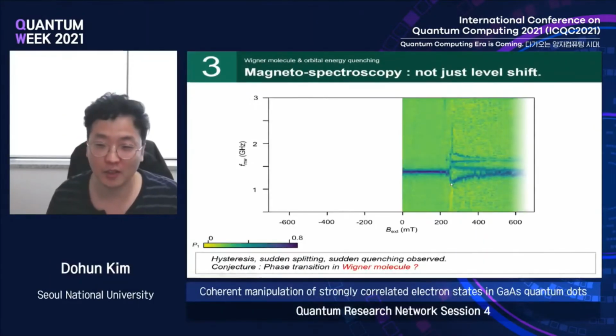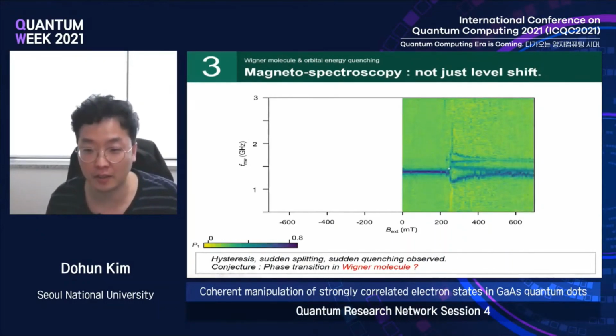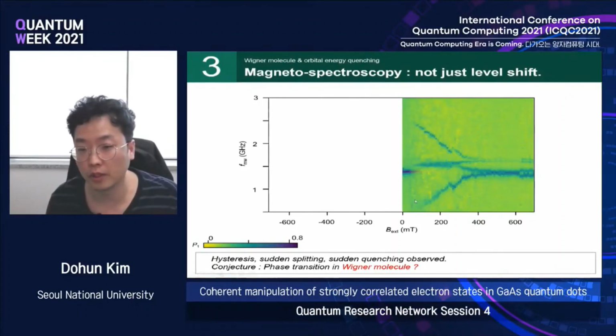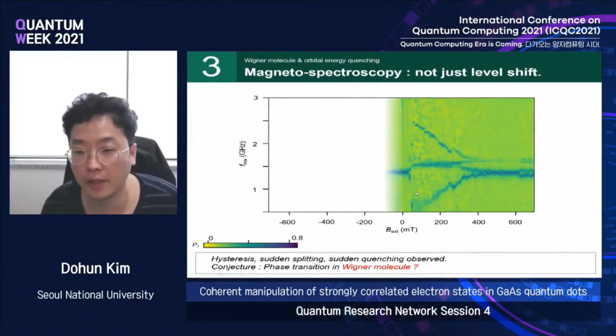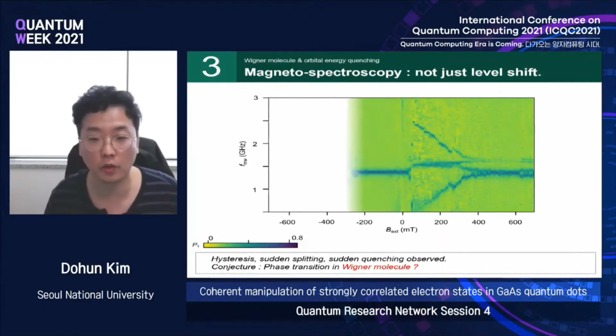If I conjecture this as a phase transition that happens along this field, it has a kind of supercooling, if I think of it as a first order phase transition.